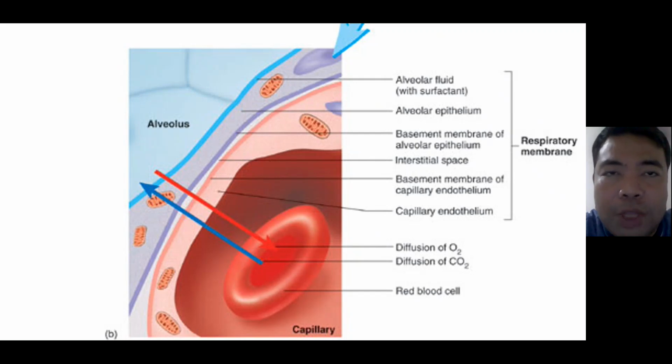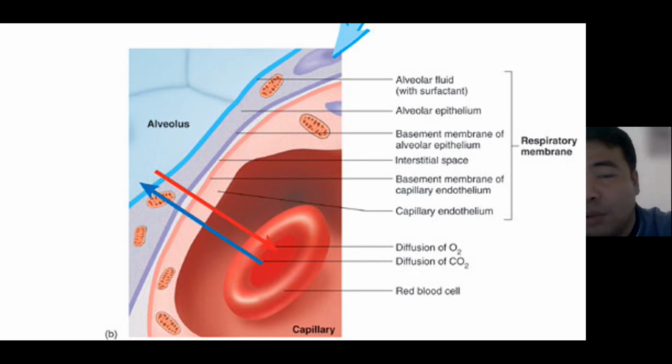When you inflate it with air, it has a surface tension that has this tendency to always collapse. Kaya di ba pagka ang balloon, tinanggal mo yung tali, kusang lalabas yung hangin. Because of the surface tension of the balloon. Biglang lalabas yung hangin hanggang mag-collapse yung balloon. Okay? Di ba?